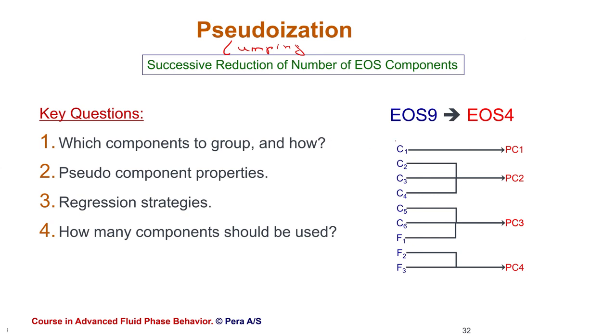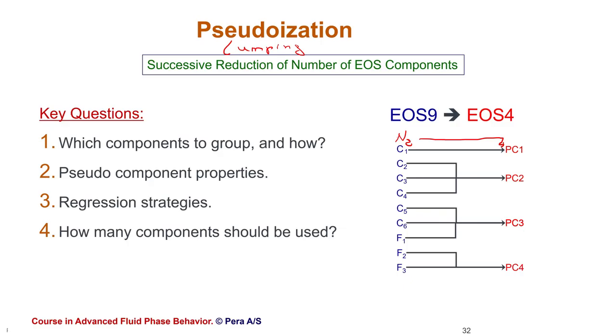So if you have nitrogen in your composition analysis, you can include the nitrogen together with methane in the same pseudo component. Another strategy is to lump components like ethane, C3, and C4 in the same pseudo component, and I can generalize and lump other components and generate new pseudo components.